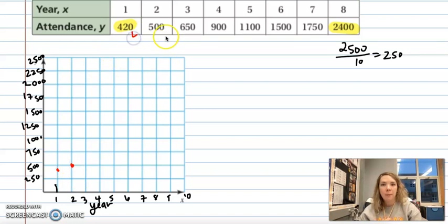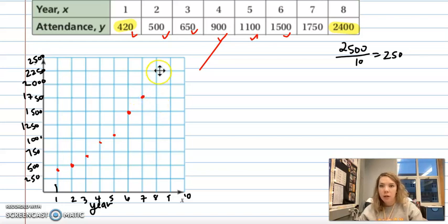And again, I'm going to mark them off as I go. 3, 650, 4, 900, 5, 1100. Oops. It's supposed to just be a check mark. 6, 1500. That's going to be right on a grid line again. 7, 1700 or 1750. So right on a grid line again.